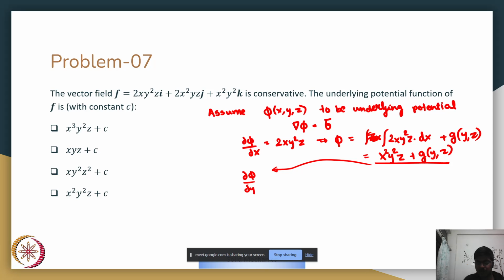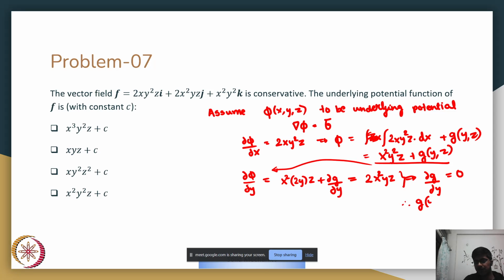So dou phi by dou y, which from this expression comes out to be x squared 2yz plus dou g by dou y. And from the problem, we know that this is equal to 2x squared yz, which essentially means that the partial derivative of g with respect to y is 0.